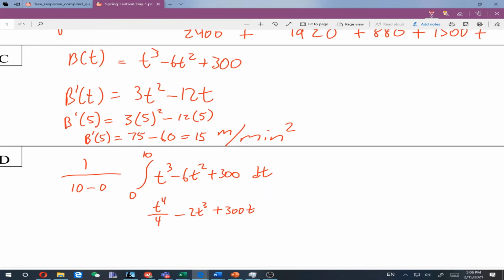Don't need a plus C because we've got bounds, but I will go from 0 to 10. Okay, and I'm going to multiply all of that by the 1 over 10 that you had on the outside.